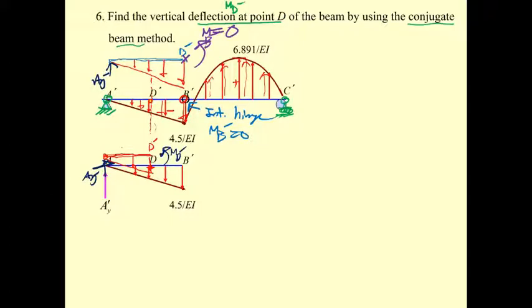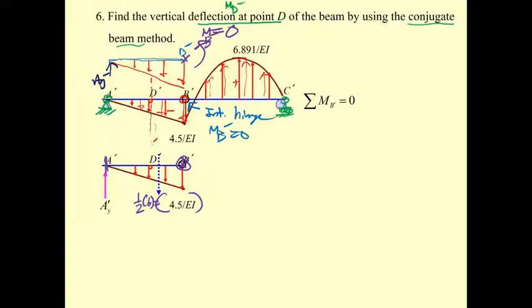Okay, if you understand that, just take this one out. We draw this to determine A sub y prime by taking the moment at this point. This is going to be 1/2 of the distance from A prime to B prime, which is 6, times this one.